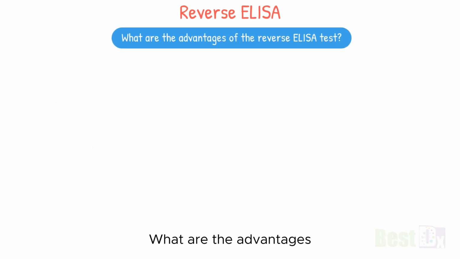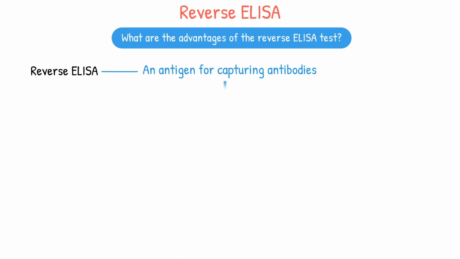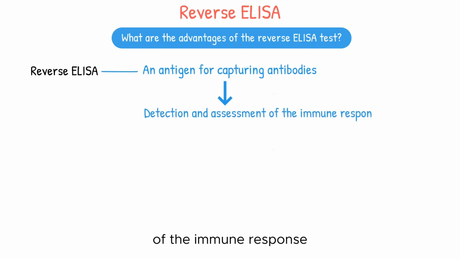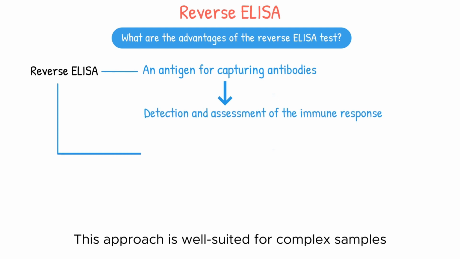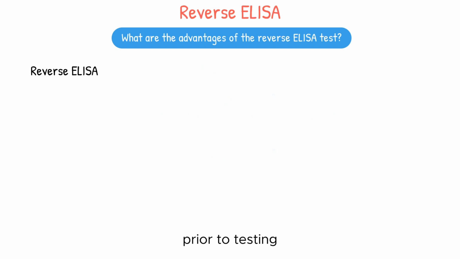What are the advantages of the reverse ELISA test? The reverse ELISA method utilizes an antigen for capturing antibodies, which allows a more specific detection and assessment of the immune response. This approach is well suited for complex samples as it doesn't necessitate antibody purification prior to testing.